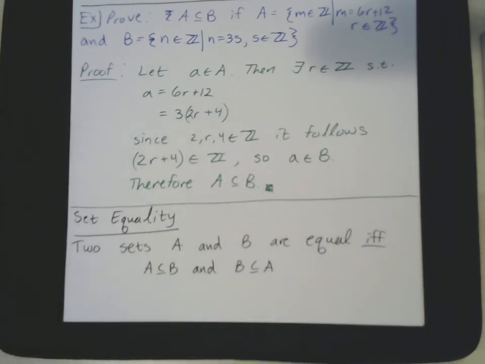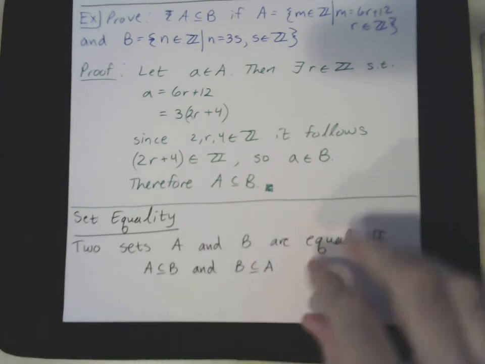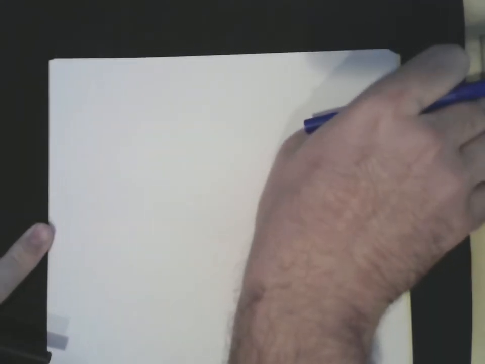So this is how we're going to prove set equality, by showing that two sets are subsets of each other. So let's take a look at a little proof of this. Not this theorem, but using this.